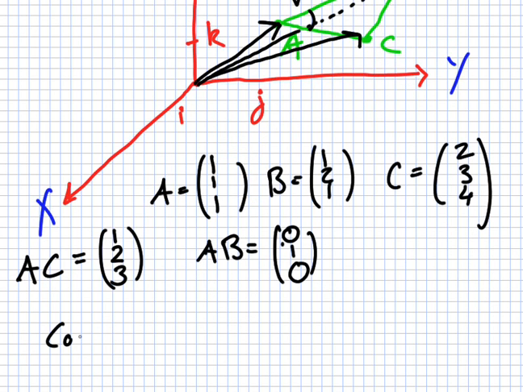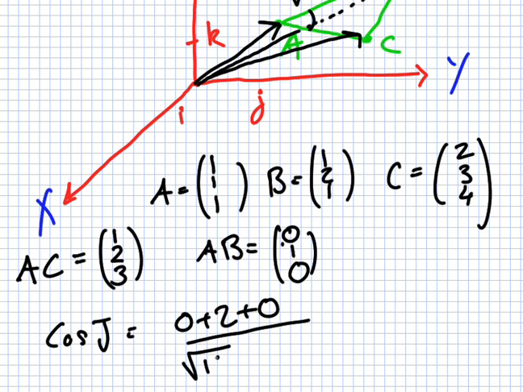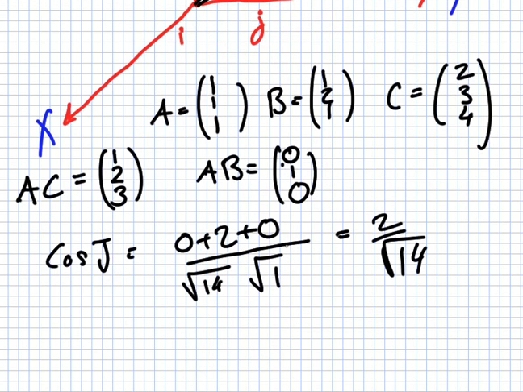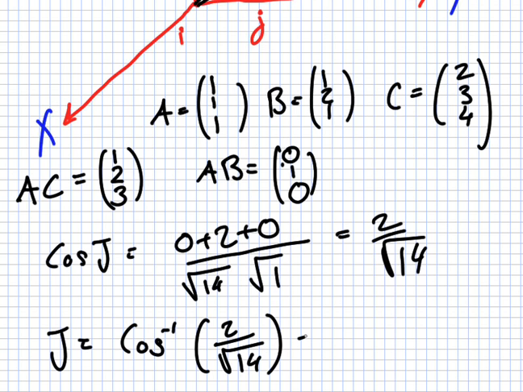So then cos J equals these two dotted together, which is 0 plus 2 plus 0, over magnitude root 14, magnitude 1. So can we do cos inverse of this number, please? We get J equals cos inverse 2 over root 14, which is 57.68, so 58.